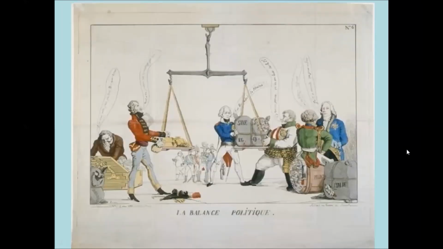It is titled The Political Balance, and you have the British on the left with money being balanced out with the other countries on the right, including the French and the Russians and the Prussians and Austria, represented by Metternich in the blue coat in the middle. And they're taking property from the French, and there's some negotiations occurring. So again, trying to figure out what's the perfect balance of power.